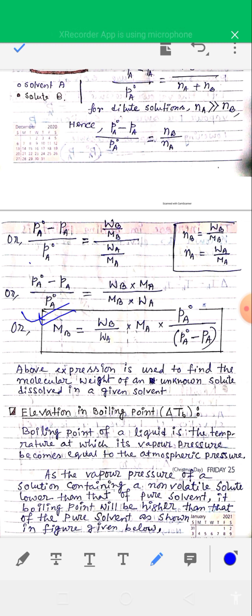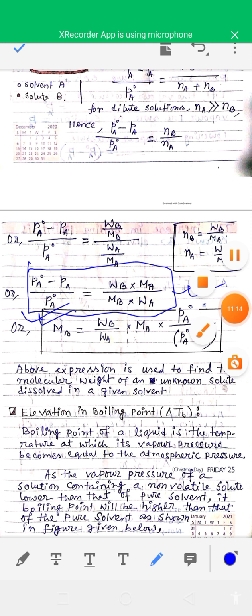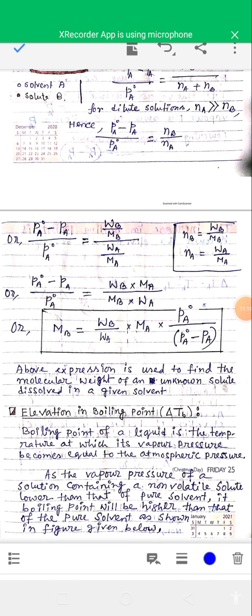You can remember this equation or the last equation, any one equation you can remember. Okay, so using this equation you can calculate the molecular weight of the solute in the solution. There are some numerical problems you have to solve based on this formula, that is based on relative lowering of vapor pressure. So remember this formula.